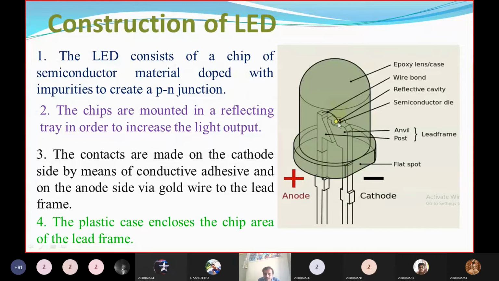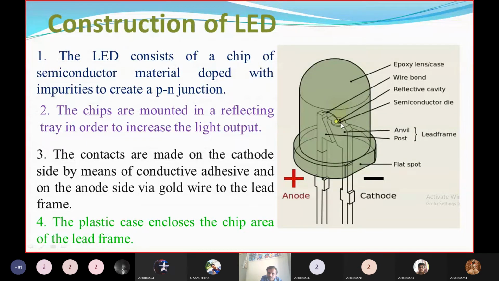Suppose the LED emits light, and sometimes the light goes in the downward direction. In that case, what the tray does is reflect whatever light is going in the downward direction.